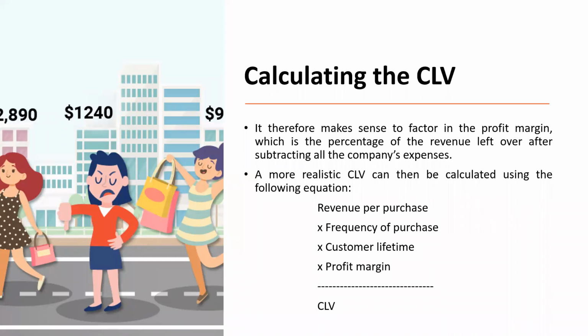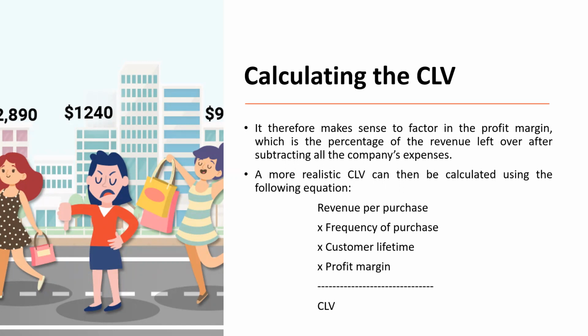So it makes sense to factor in the profit margin. What is the percentage of the revenue left over after subtracting all the company's expenses? Let's say I'm earning 100 rupees. In that, how much percentage is going to cost, or how much revenue do I usually get?